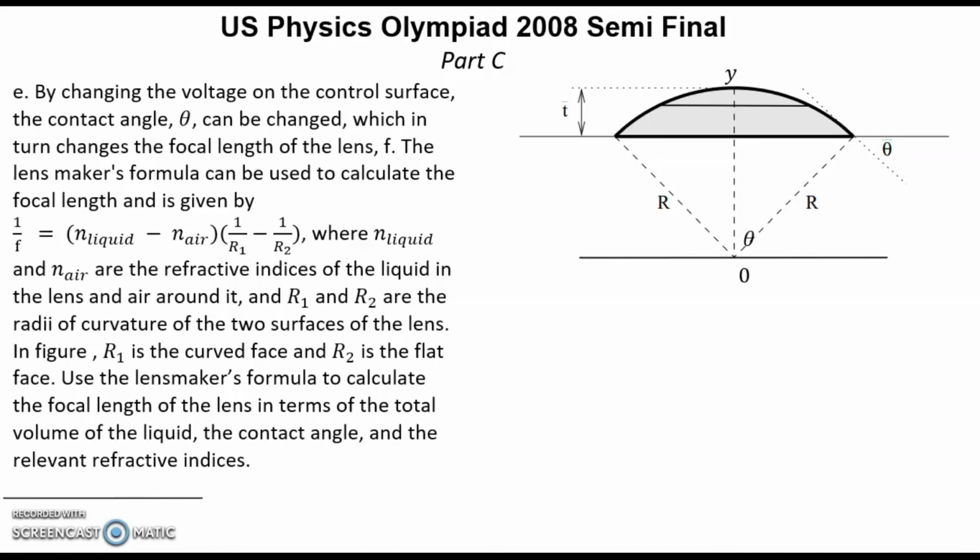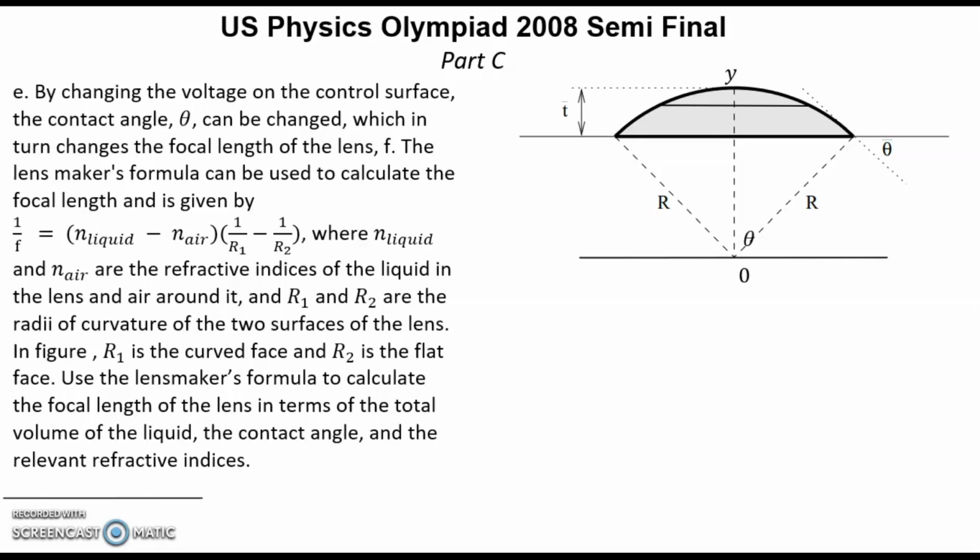The lens maker's formula can be used to calculate the focal length and is given by 1 over f equals n liquid minus n air multiplied by 1 over r1 minus 1 over r2, where n liquid and n air are the refractive indices of the liquid in the lens and the air around it, and r1 and r2 are the radii of curvature of the two surfaces of the lens.